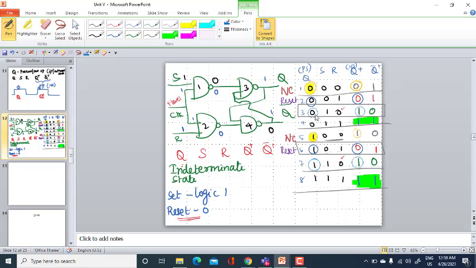Whatever may be the present state, I have 0 and 1 here, but my next state is 1 and 1, it is in the set mode. Hence this state is said to be set state. And I won't consider the indeterminate state because we will see to it that this combination will never occur. So we have altogether 2 no change states, 2 reset states and 2 set states. This is said to be the truth table.